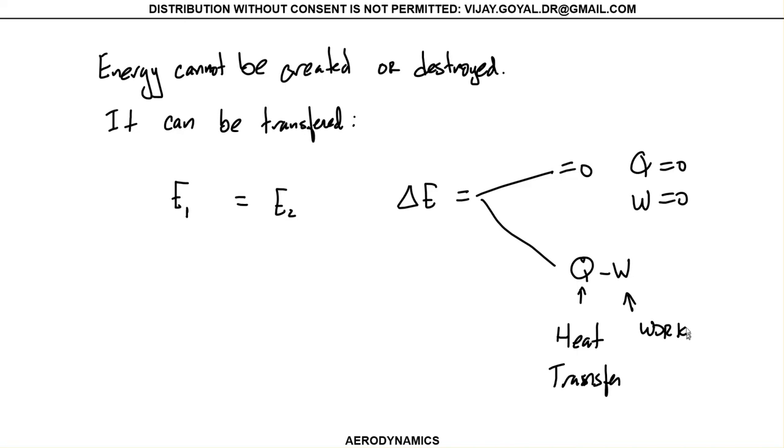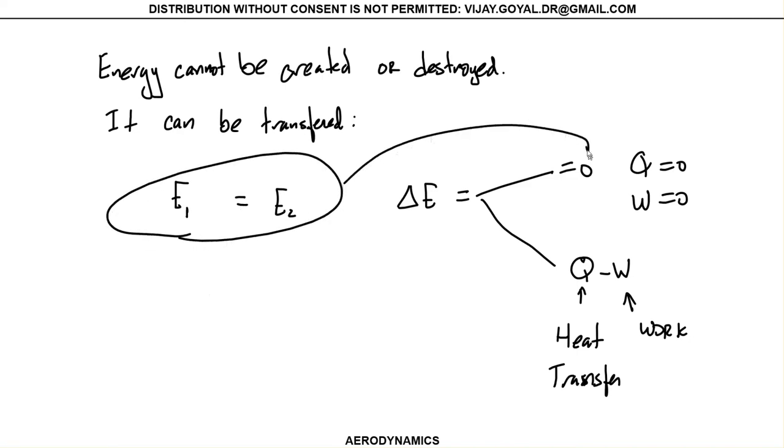This is just a special case for when you don't have any heat nor work done in the system. And if you remember, this basically comes from the first law of thermodynamics.